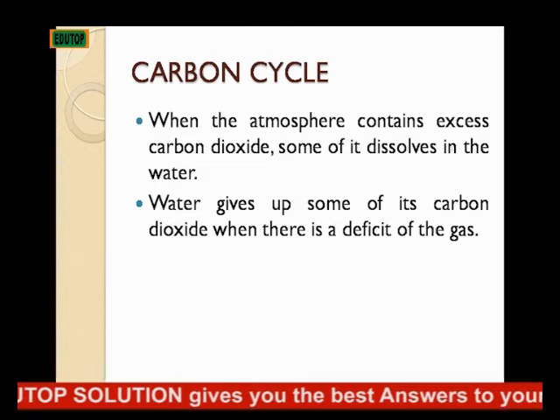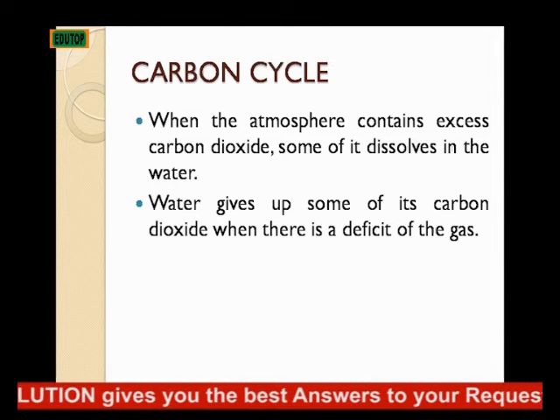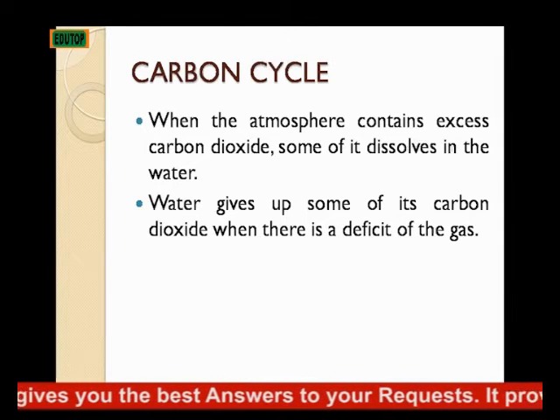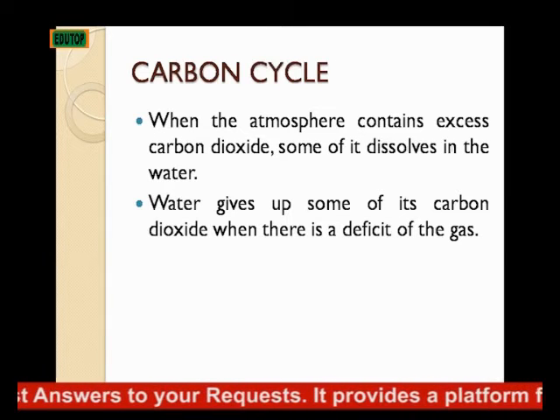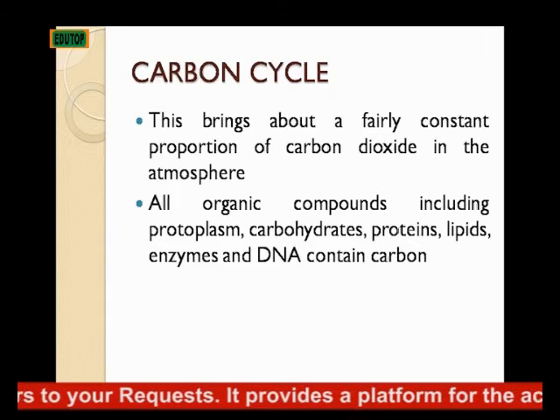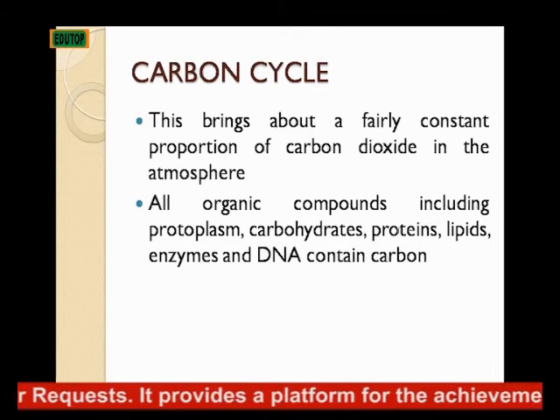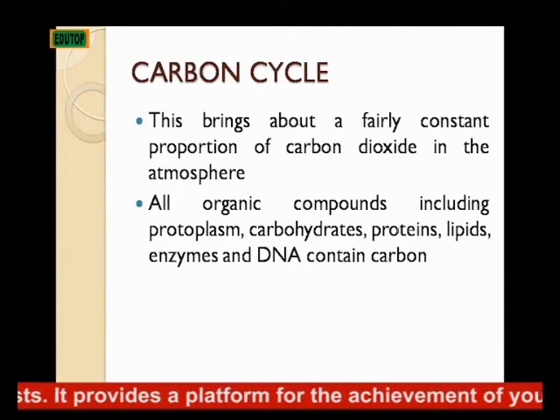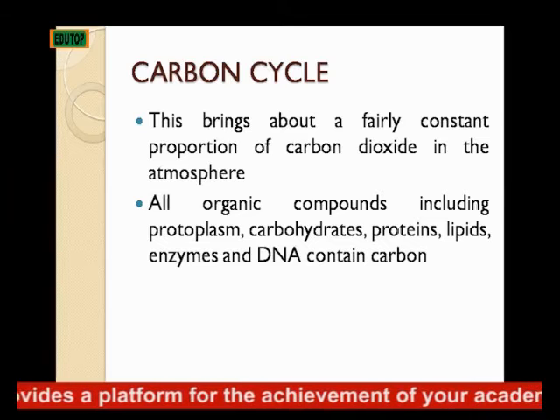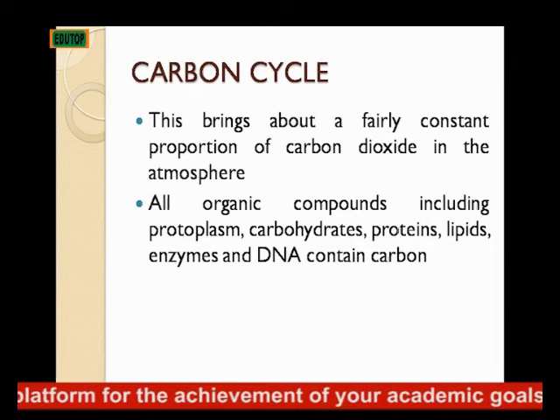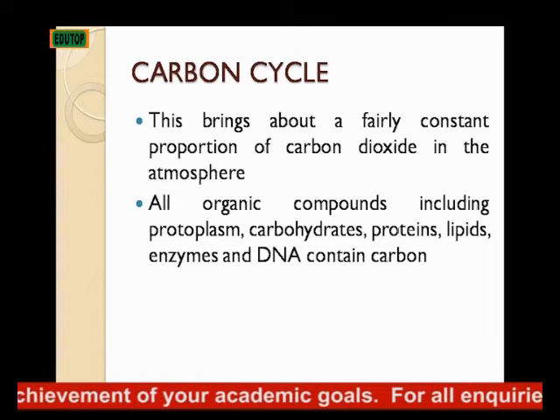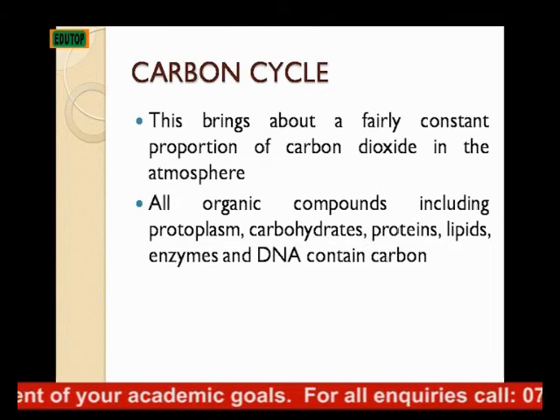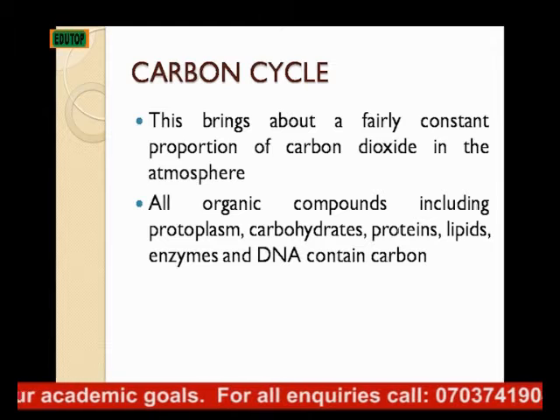The water is like a storage place where the carbon dioxide is stored. So when there is a shortage in the atmosphere, the water gives up some of the CO2. Then this brings about a fairly constant proportion of CO2 in the atmosphere. Then all organic compounds, including protoplasm, carbohydrate, protein, lipid, enzyme, and DNA, contain carbon.